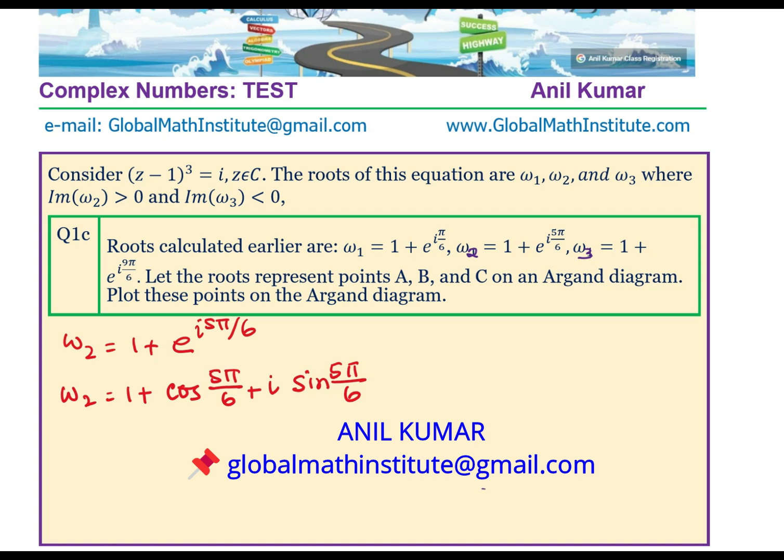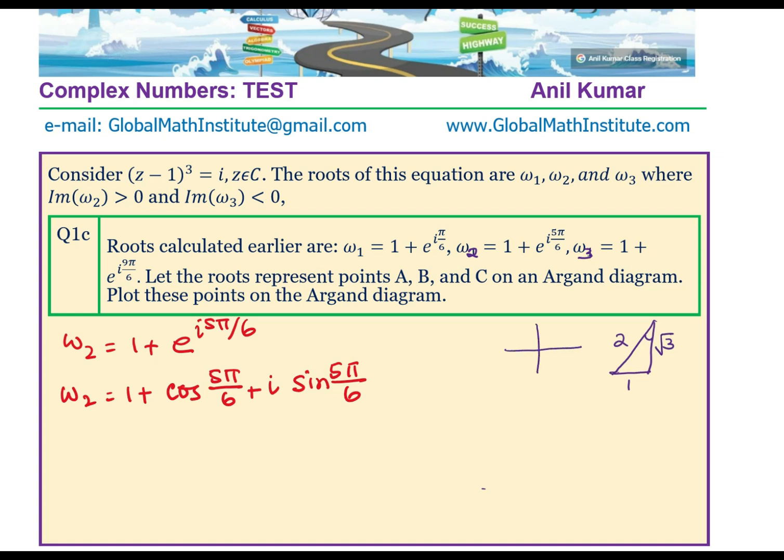Using the same special triangle, there's no need for a calculator for these values. Now, cos of 5 pi by 6 is negative, and sine will be positive when you apply the CAST rule. So you get 1, cos will be negative, square root 3 by 2, plus i, and that is still positive.